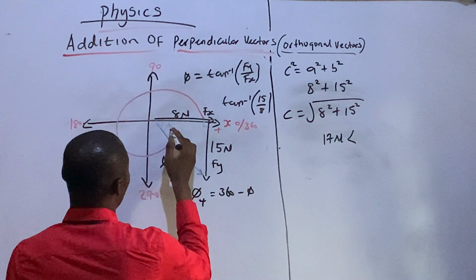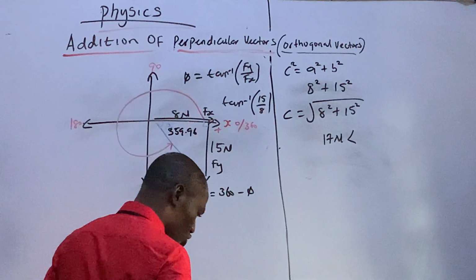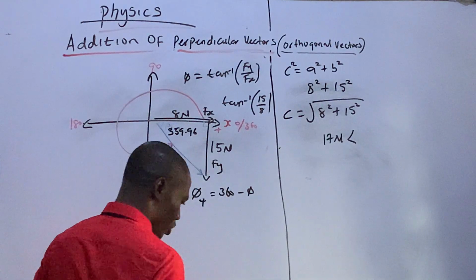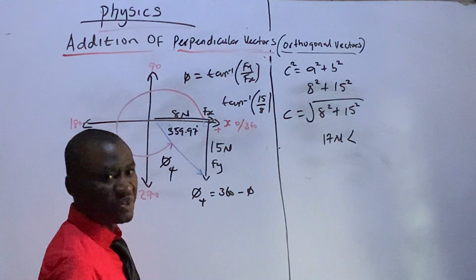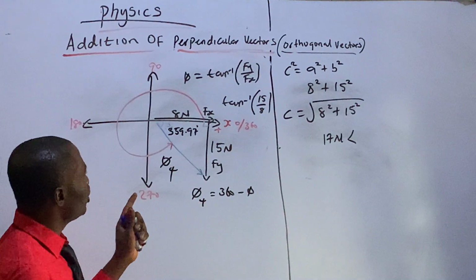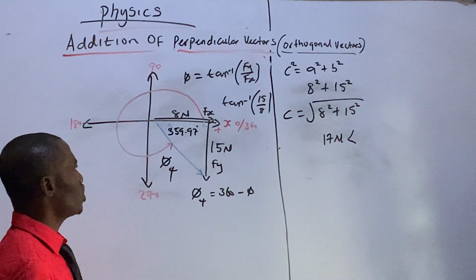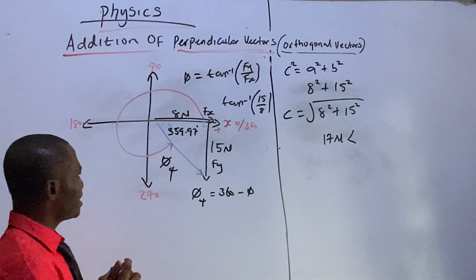So my new angle here will be 359.97 to 2 decimal places. Now you notice that the angle is in the fourth quadrant, so I need to find the angle relative to the positive x-axis.